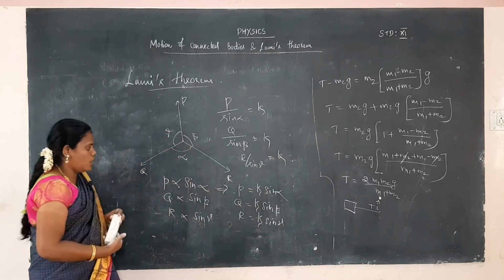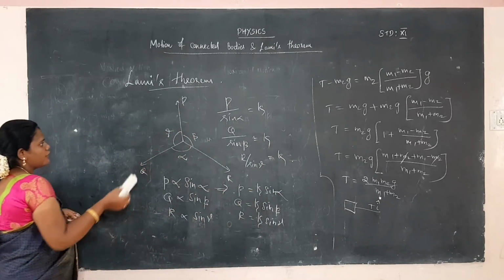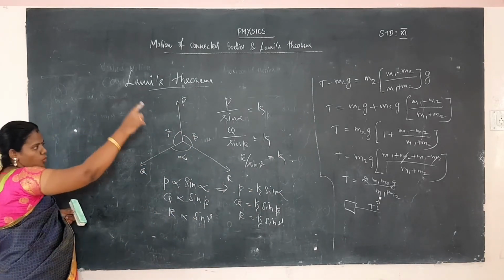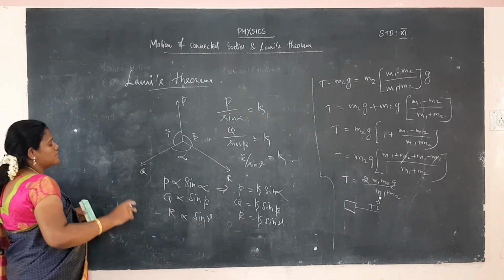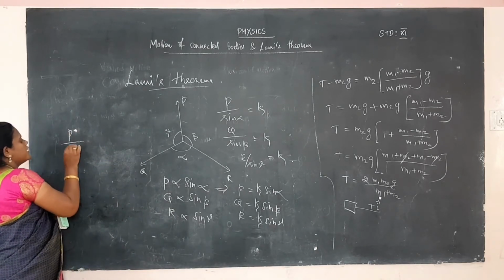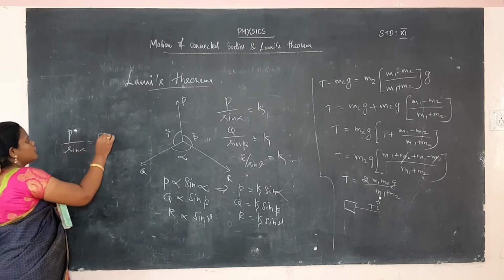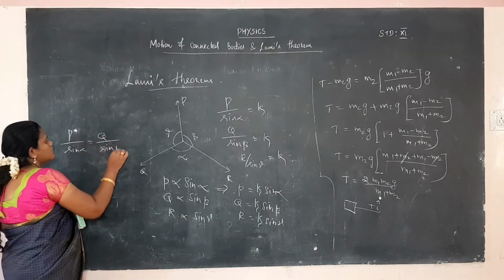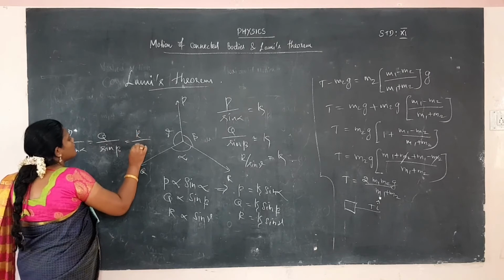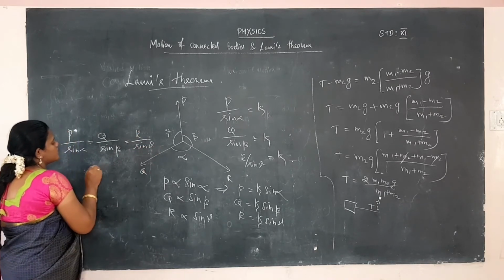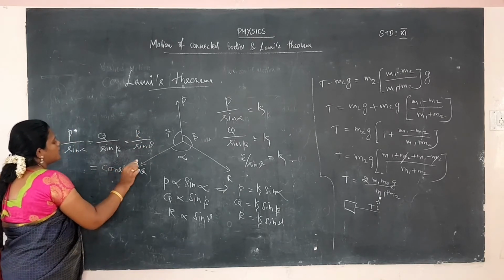Now P by sine alpha, Q by sine beta, R by sine gamma, all of them have the same constant. So P by sine alpha is equal to Q by sine beta is equal to R by sine gamma is equal to constant. This is Lami's theorem.